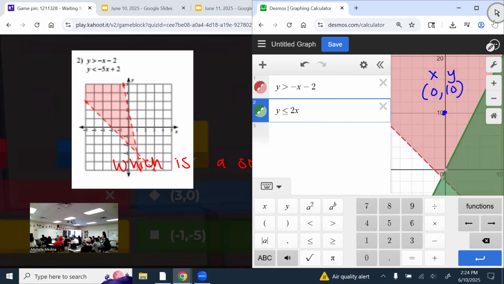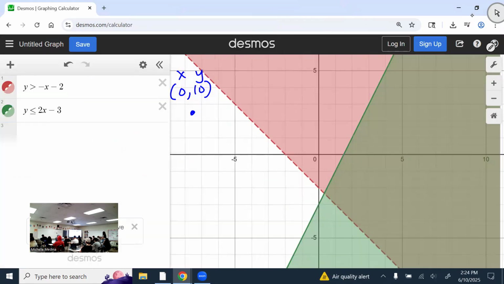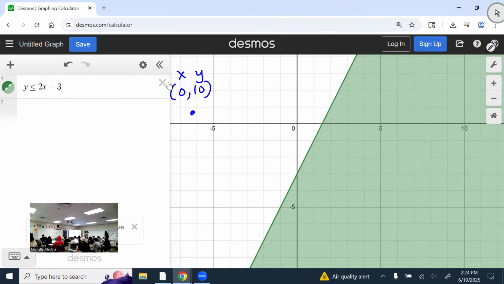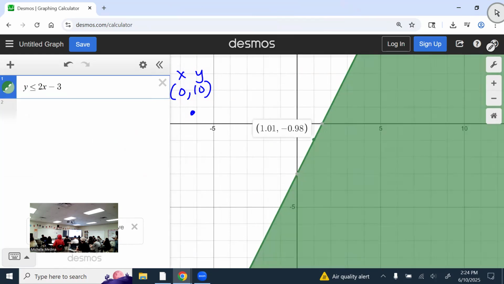So I just made a new system of inequalities. If I look at just the green, anything in that green shaded area and on this solid line would satisfy the inequality.